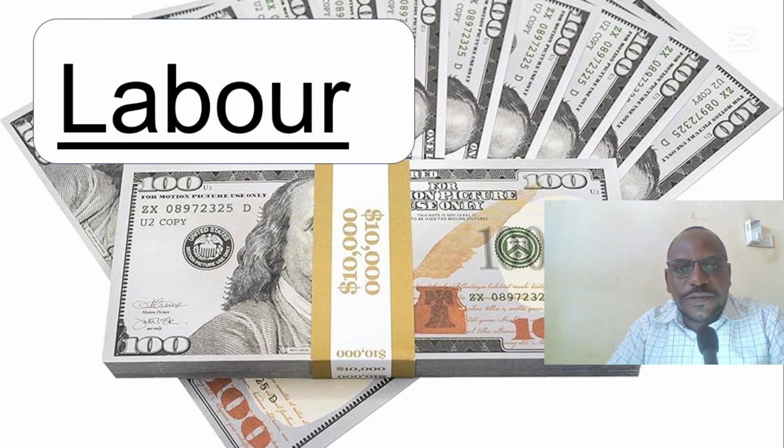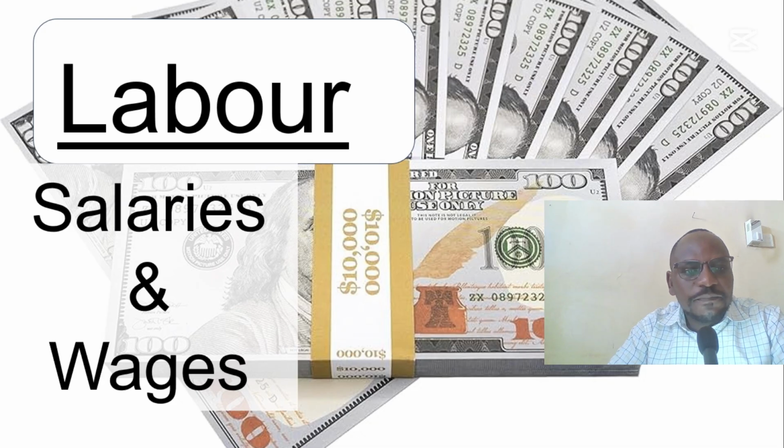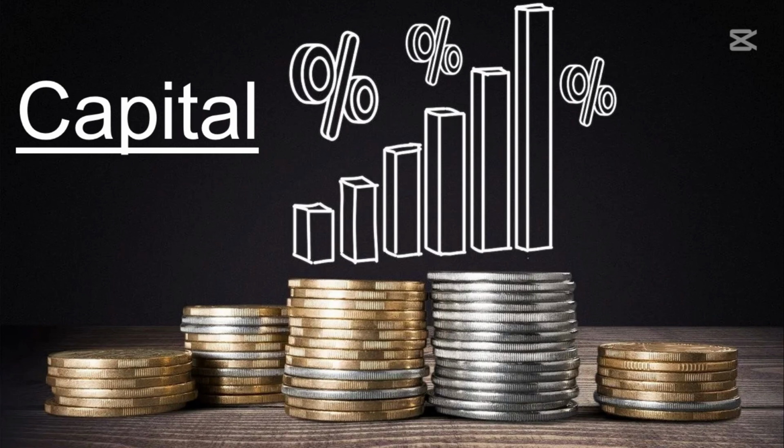We have labor, and from the background, you can see there's money. Everybody who is working is looking for some money, but which name do we give to this reward? We say they are rewarded using salaries and wages. So if you are giving out your labor, you expect some payment, either in form of salaries, wages, pay rates, all that. And then we say capital. When people invest their money, what they expect in return is some reward.